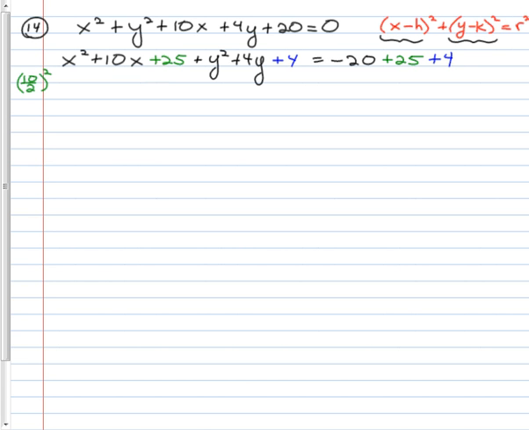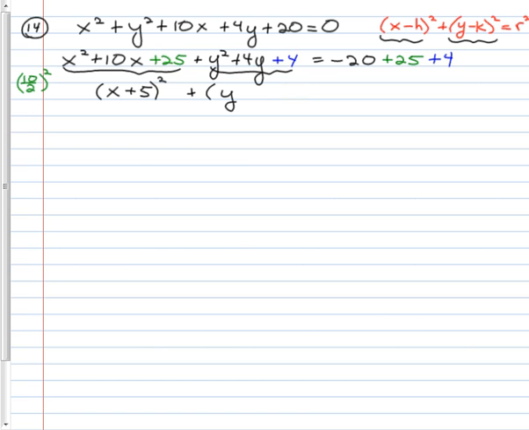Now, we created two perfect square trinomials that I should be able to write in their factored form as something squared. X plus 5. It's always half of that b term. Half of 10 is 5. (x plus 5) squared is just the factored form of that.